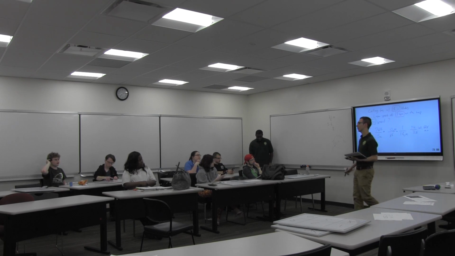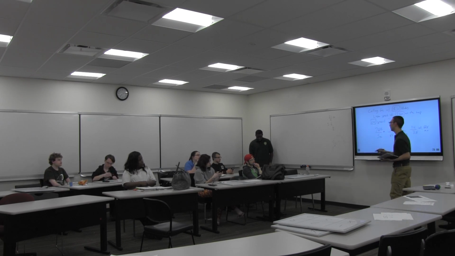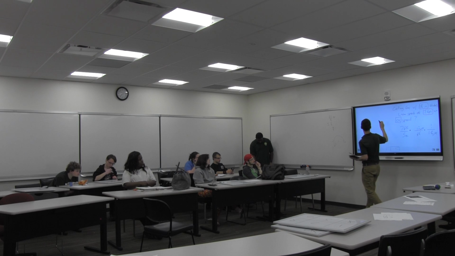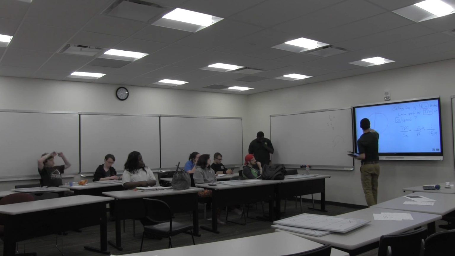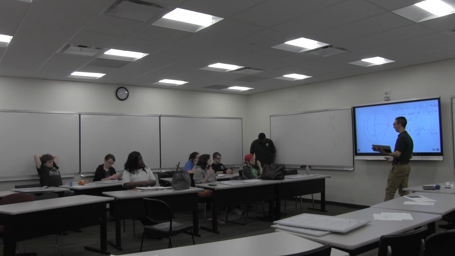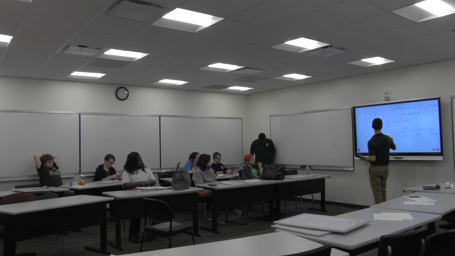1 rev over 2 pi radians, is that it? Yes, this is something that's key for a lot of these problems. Something you have to remember is on your unit circle, going 1 full revolution around is how many pi? 2 pi, right? So I can write that 1 revolution is the same as 2 pi.